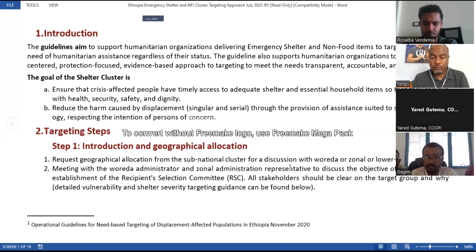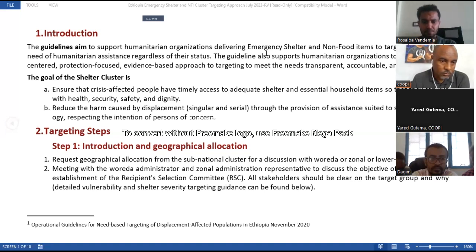So this guide is aimed to ensure these processes, and while doing so, we have to be open, transparent, accountable, and coherent. That means the package, everything, has to be integrated and compiled to achieve the overall activity objective as well as the general organizational mission.